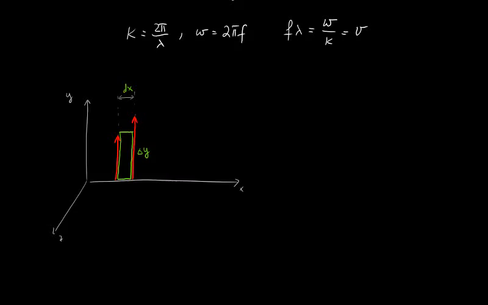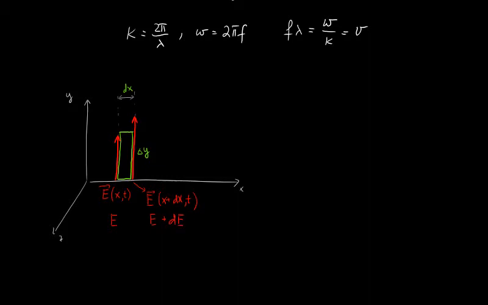So this left arrow represents the electric field at point x at a certain time t, and the right one represents the electric field at point x plus dx at the same time t. Or I can rewrite this as E, and the right one would be E plus dE.